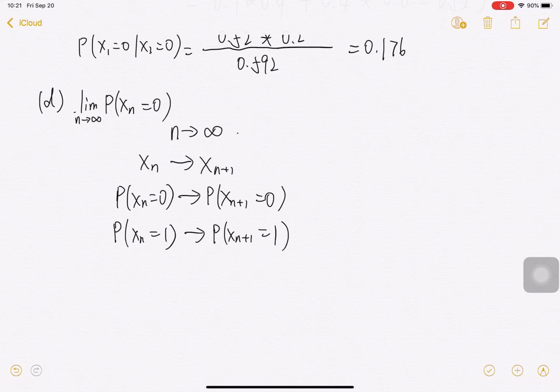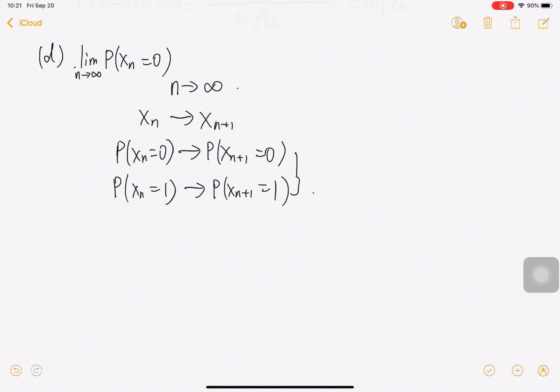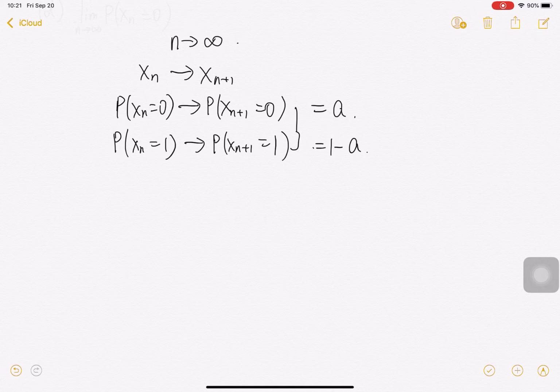So with these two equations right here, we can find the probability of xn equals 0. Let's denote the probability of xn equals 0 as a, and the probability of xn equals 1 is 1 minus a, right? Because in these two cases, there is no other possible output of xn. So we can make some equations right here.